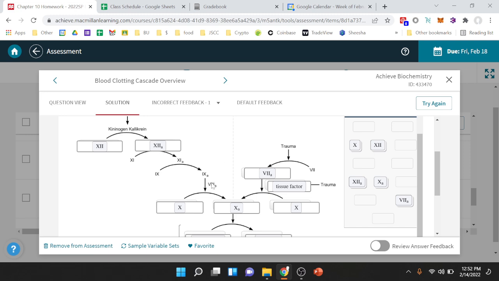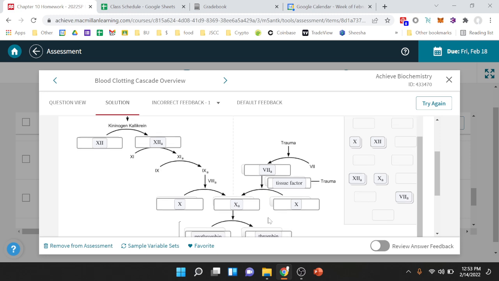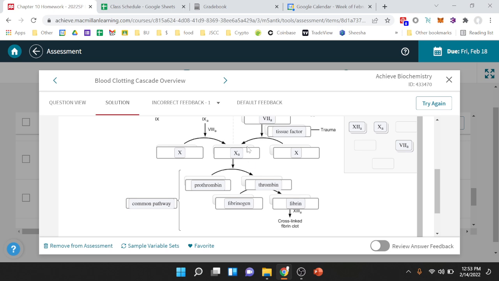One of the ways you can help yourself remember this is 9, 8, and 7 all are going to end up working eventually on 10, right? Okay, so the whole shebang previous to that sort of works on 10. Okay, hopefully that kind of helps. You always get activated 10 though. That's where the common pathway becomes common, okay?